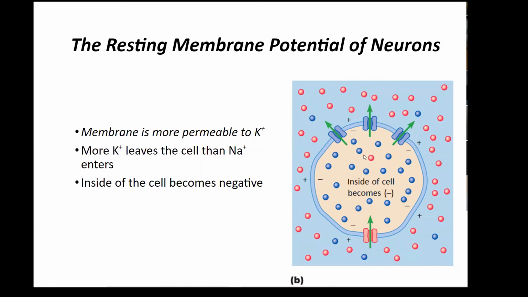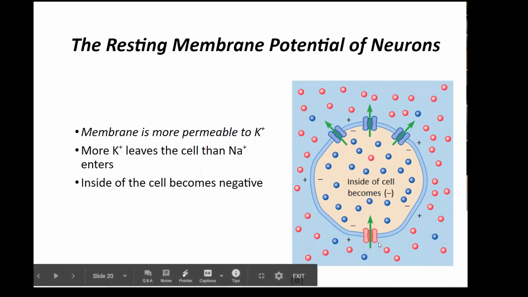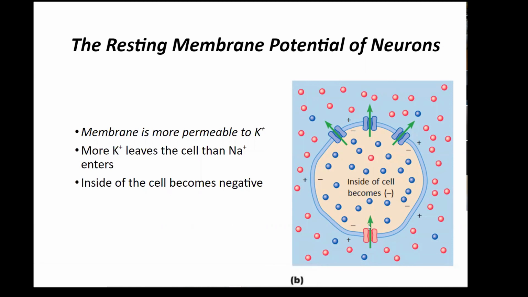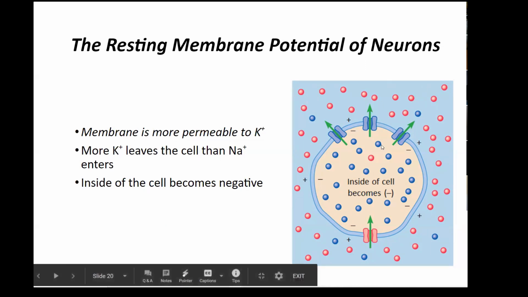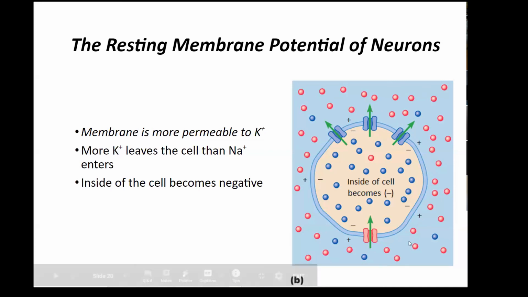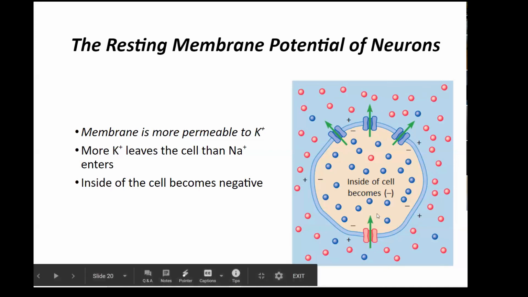So more of our potassium is leaving than our sodium can get in because there aren't that many sodium channels. So they're full, right? We can only let in 1 sodium at a time. So the movement of the sodium is slow, which means that here in this picture, we'd have 3 potassium get out every time a sodium gets in.